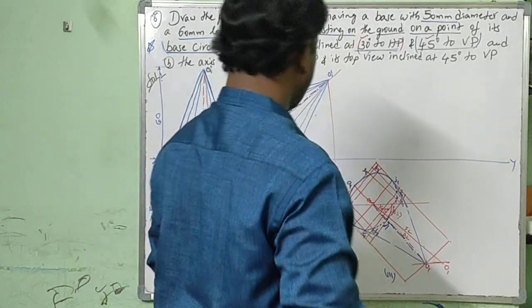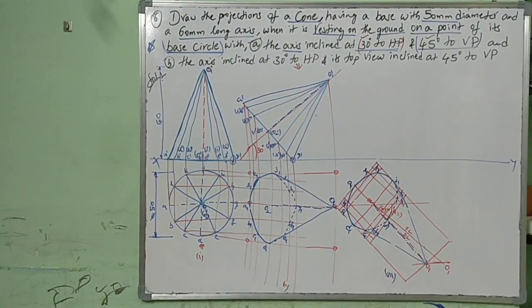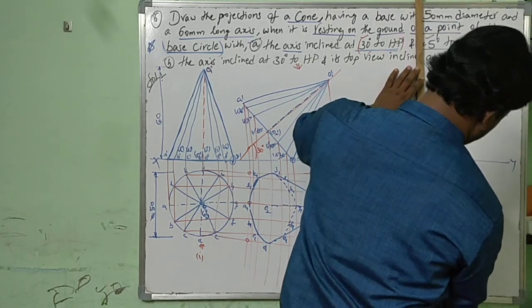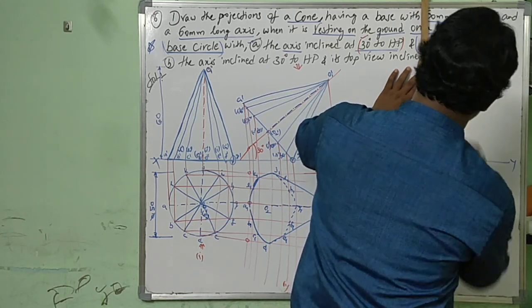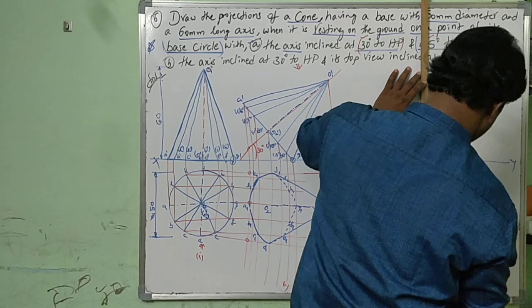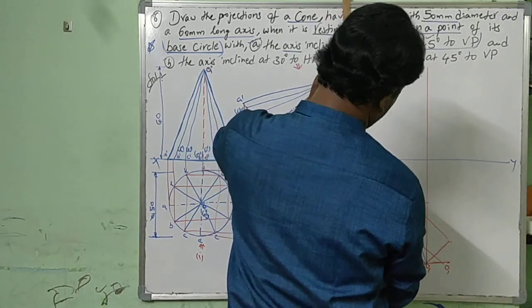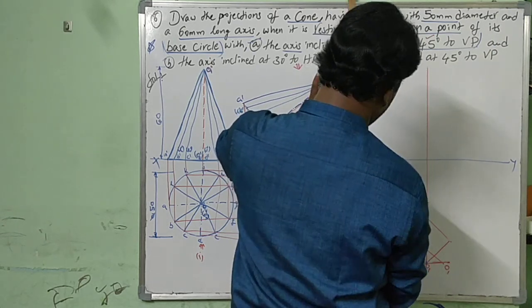Let me draw these vertical lines. I can have a scale. So I am using a scale to draw the verticals just to show you neatly.